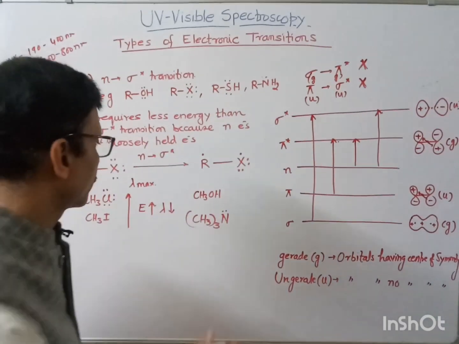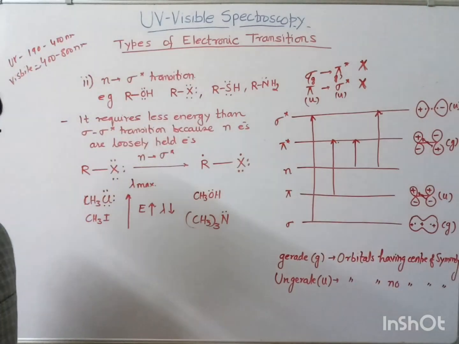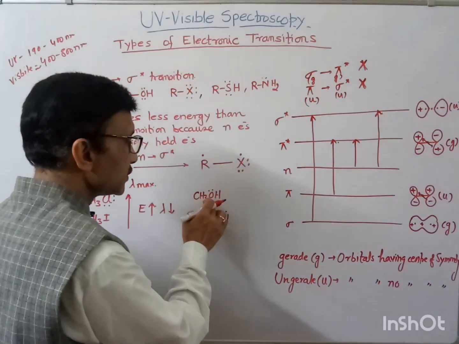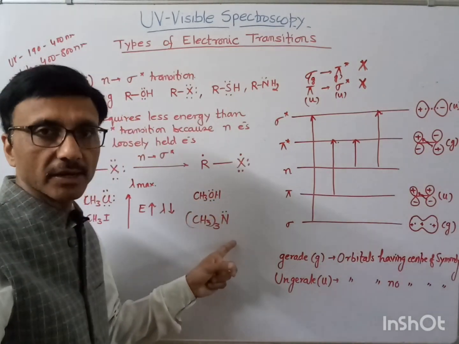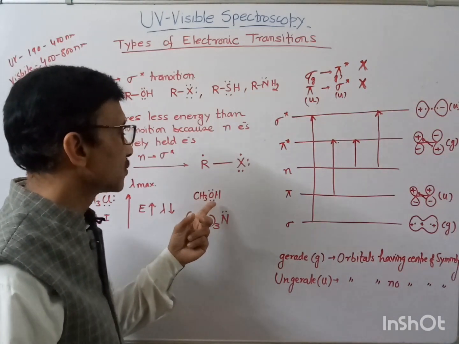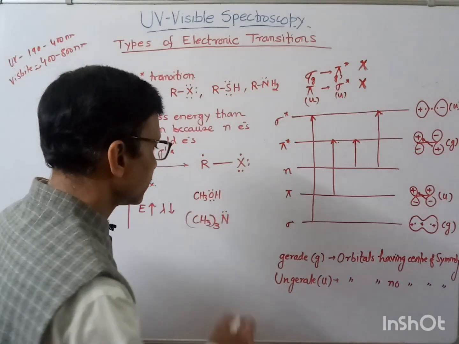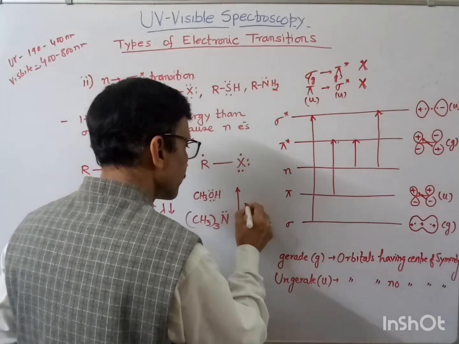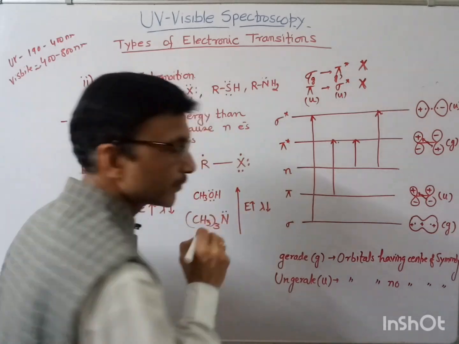Out of these two, which will require the higher energy or lower wavelength? Oxygen is more electronegative than nitrogen, so exciting the non-bonding electron in oxygen is much more difficult in comparison to nitrogen. So this requires the higher energy, that is, a lower wavelength.